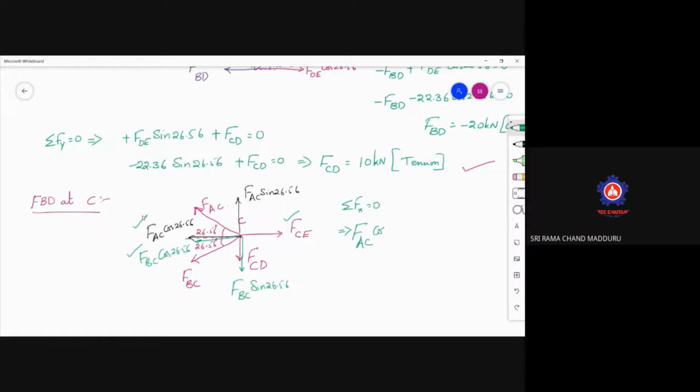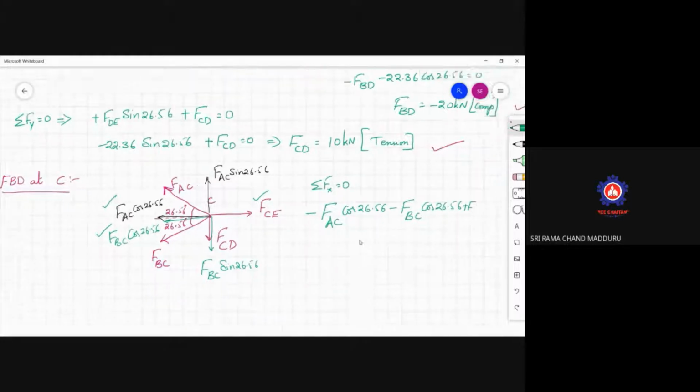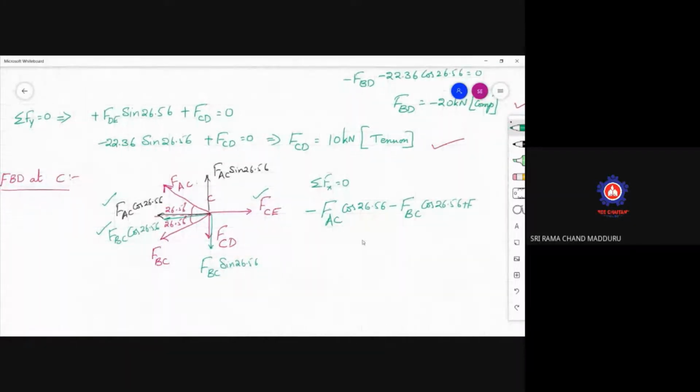So FAC cos 26.56, which is negative. Remember here, this should also be considered minus FAC, because that is going towards the left side. Minus FAC cos 26.56 minus FBC cos 26.56 plus FCE is equal to 0.